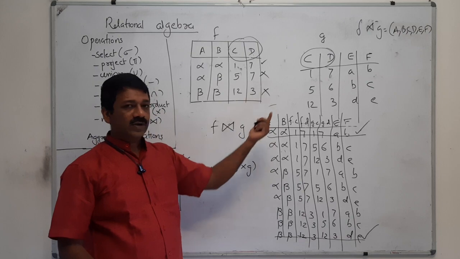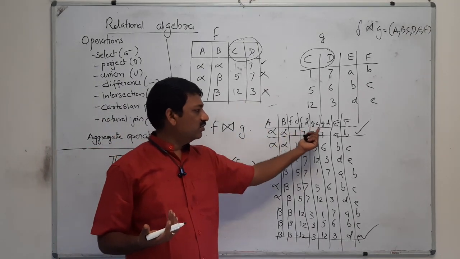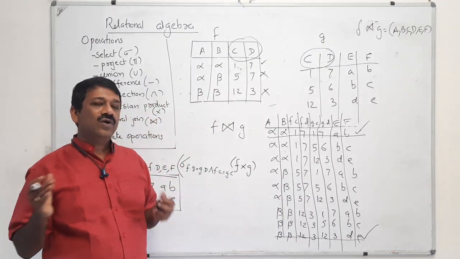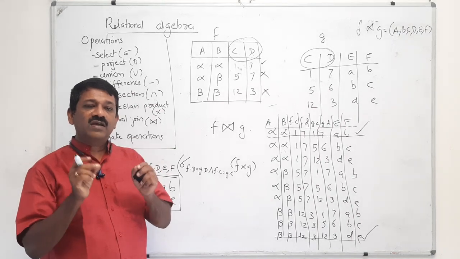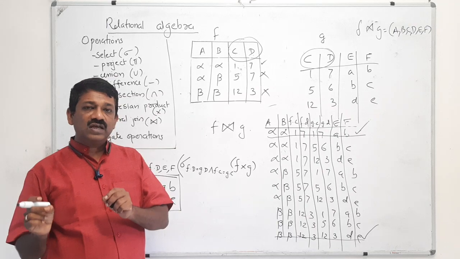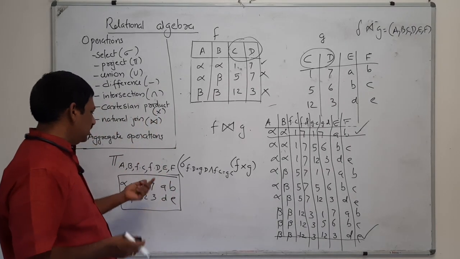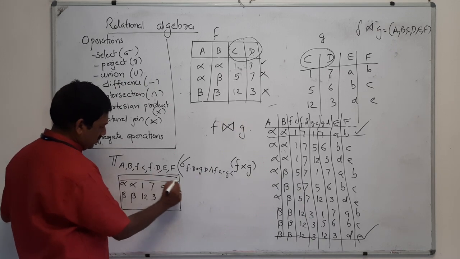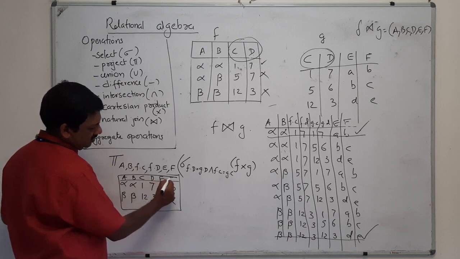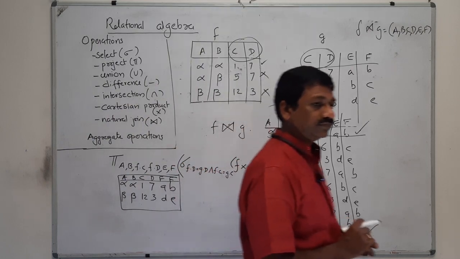After taking the join operation, that means F.C and G.C same, F.D equal to G.D, that kind of tuples are projected, and you are going to keep one among F.C and G.C as C, one among F.D and G.D as D. So that's why we have A, B, C, D, E, F. Okay. Now this is the natural join.